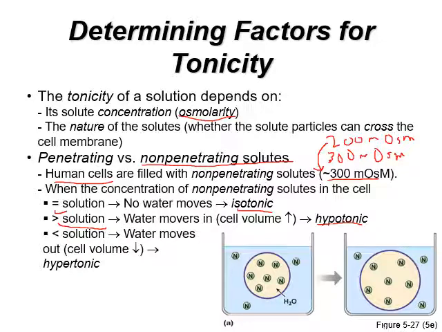And then finally, what if the cell has a lower amount of non-penetrating solutes compared to the solution? In this case, the solution has more. So the solution would, say, have 400 milliosmoles.